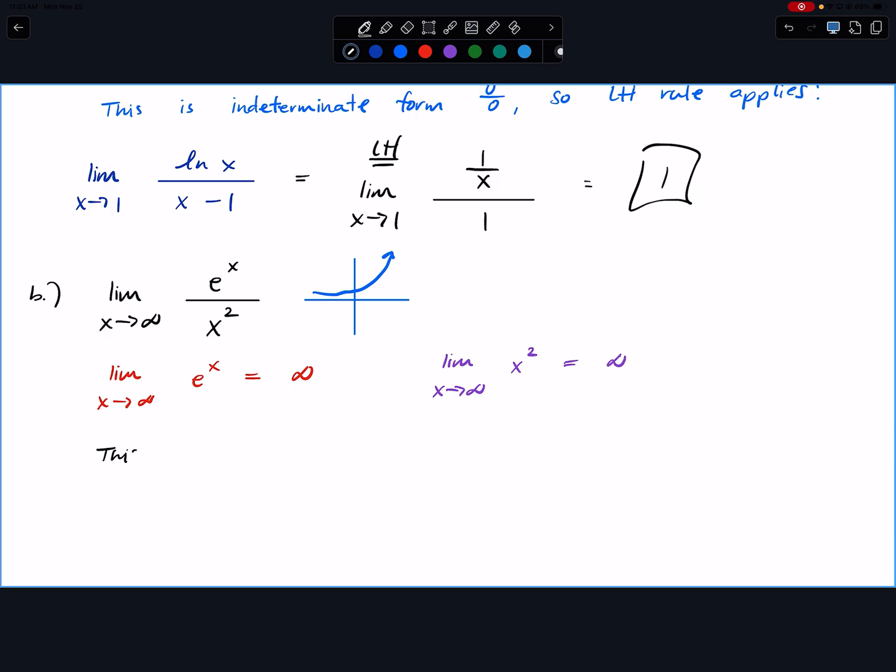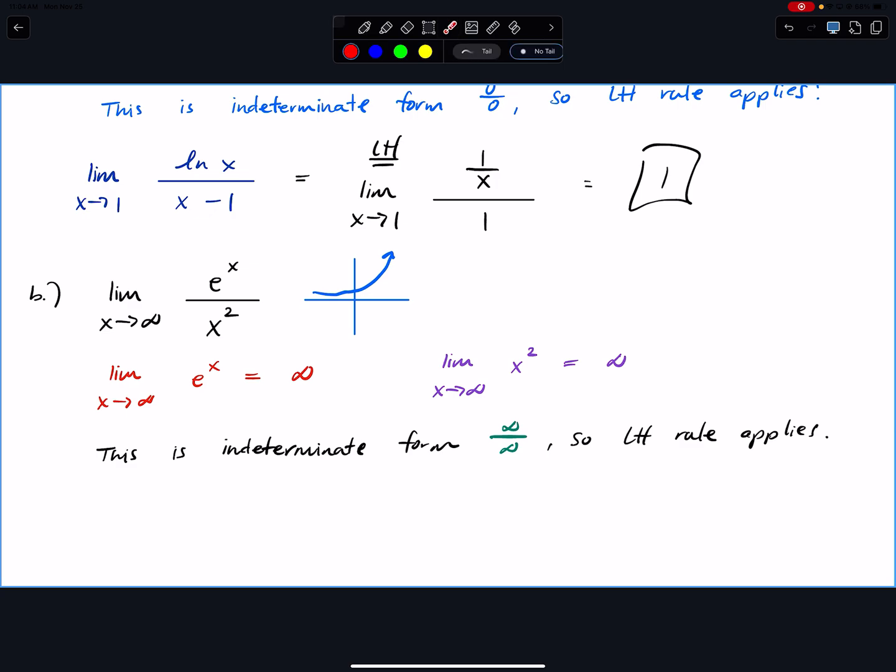So this is the indeterminate form infinity over infinity. Same thing, so L'Hopital's rule applies. Understand this, we don't know what this is, so pay attention to what's going to happen right now.